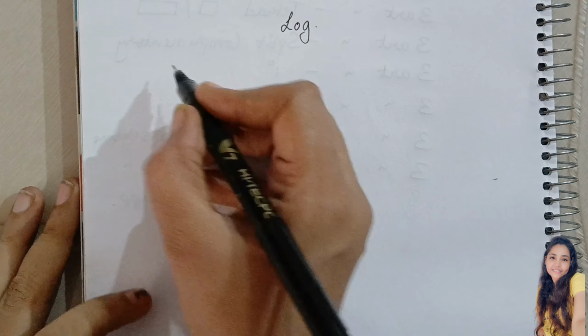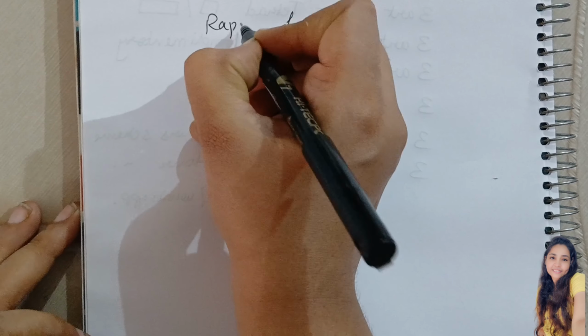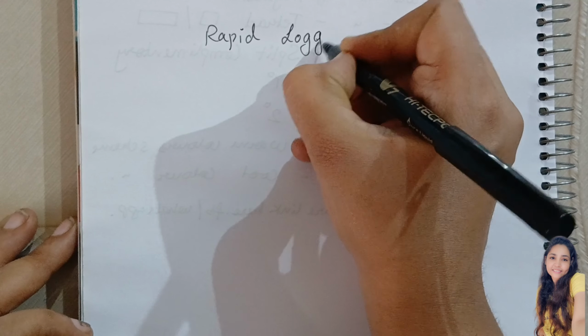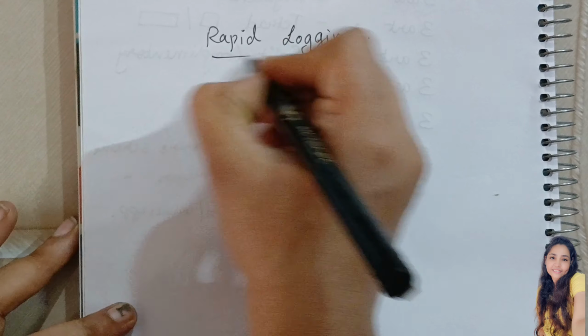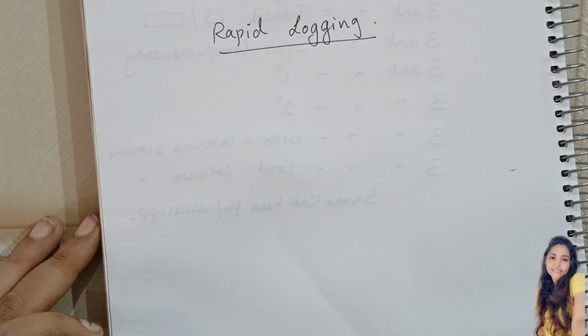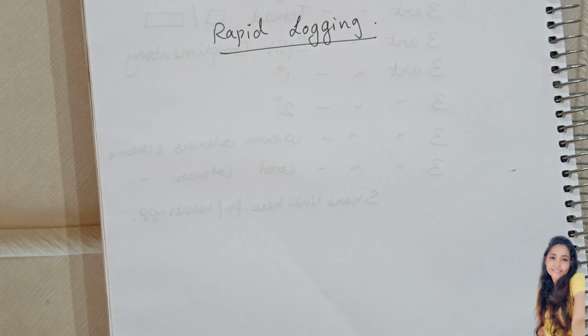All right, so this is what we are going to understand, and this system by Ryder is called the rapid logging system, and you can call it whatever you want. It's just that I would like to respect the person who came up with this system, and I am calling it by the same name, rapid logging system. Let us understand.